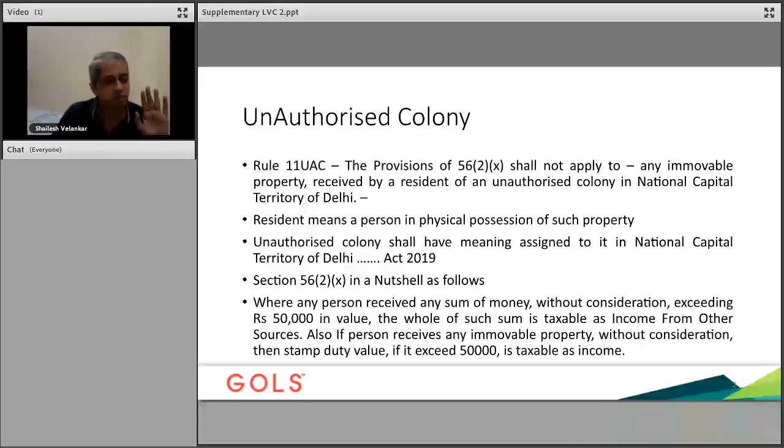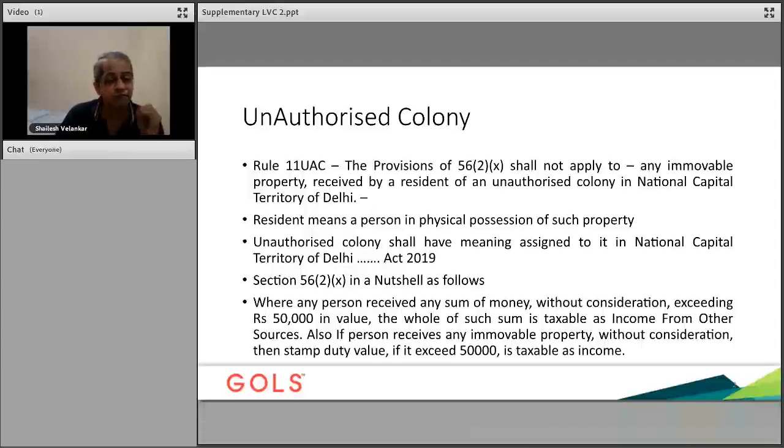It is nothing but a gift in simple language. So if you are receiving a gift up to 50,000, no implications. But beyond 50,000, any gift received is taxable as income from other sources. Okay.